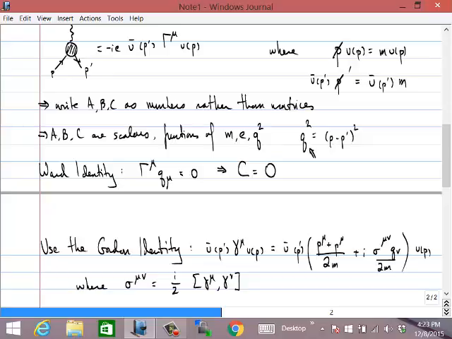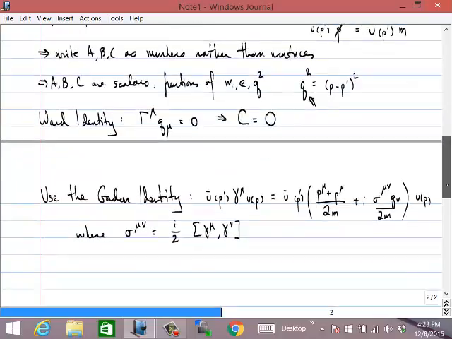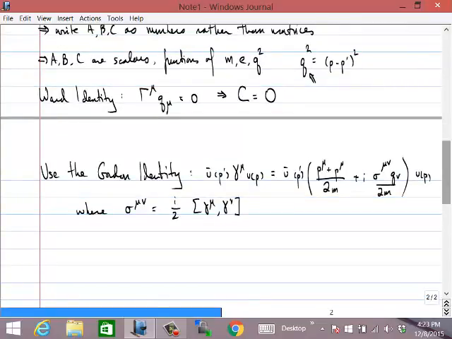So remember, these sigma mu nus, I might have called them J mu nus when we constructed the spinor representations of the Lorentz group, but they're the commutators of gamma mu and gamma nu, and they're the things that obey the Lorentz algebra and describe the transformations of spinors under a Lorentz transformation.